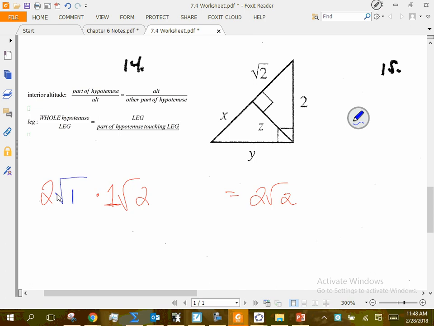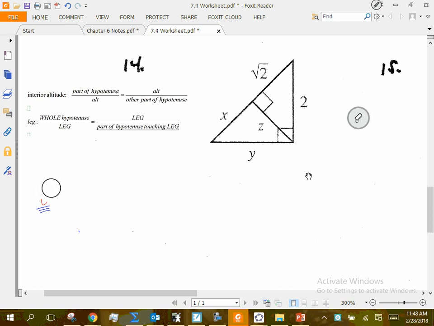What's the square root of 1? 1. So does everybody understand that 2 radical 1 is exactly the same thing as 2? Okay. So now going off of our rules of multiplying radicals, is it 2 times 1, the outside times the outside, going to go on the outside, and then inside times inside, going to go on the inside? Does that make sense? Okay.